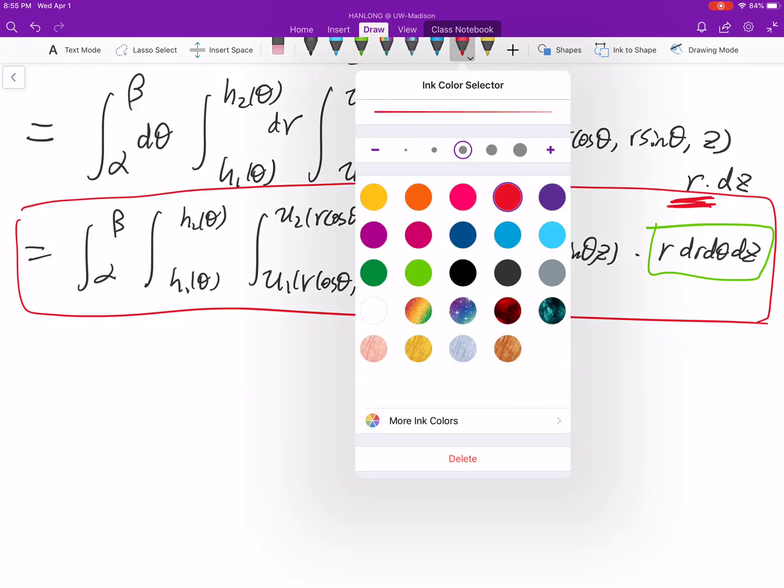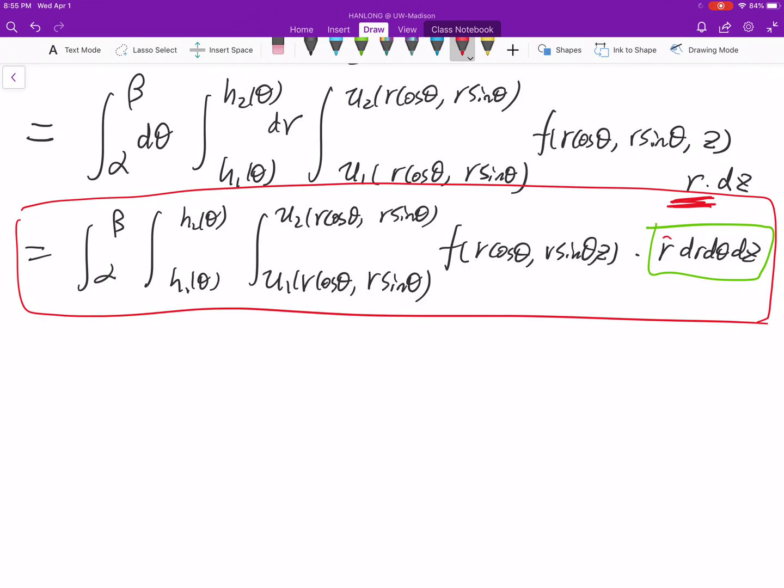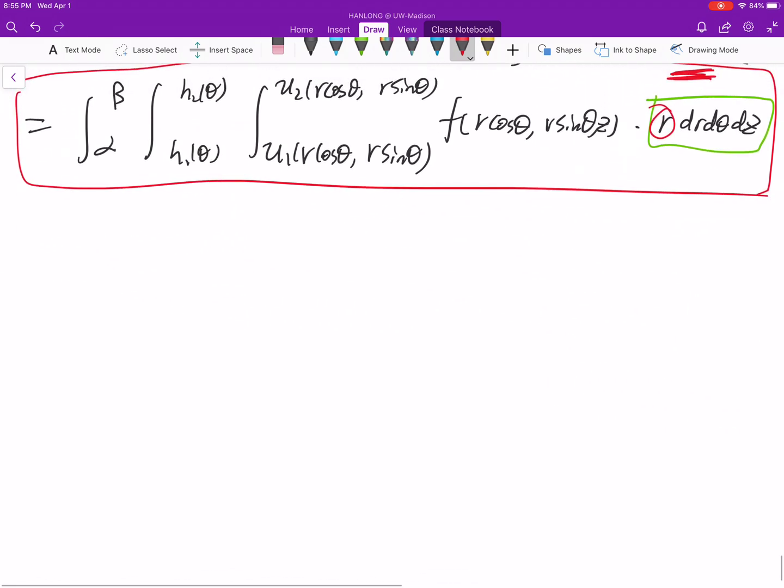The extra factor is r, and later on when we do the Jacobian transformation, we will show that not only for cylindrical and polar coordinates, but for any transformation in general, you expect an extra factor, and actually you can compute that. We will do that later. So for the purpose of this lecture, we will just use this formula.